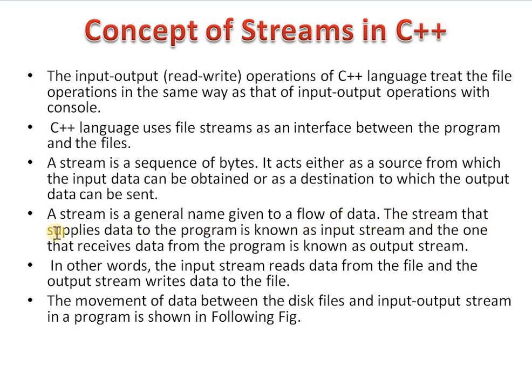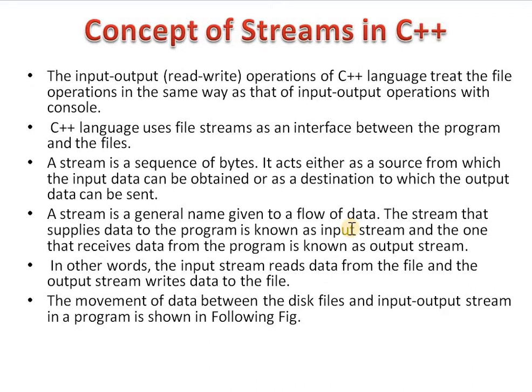The stream that supplies the data to a program is known as input stream, and the one that receives the data from the program is known as output stream. Stream is again divided into two types, input stream and output stream. Input stream means the stream supplies the data to the program.